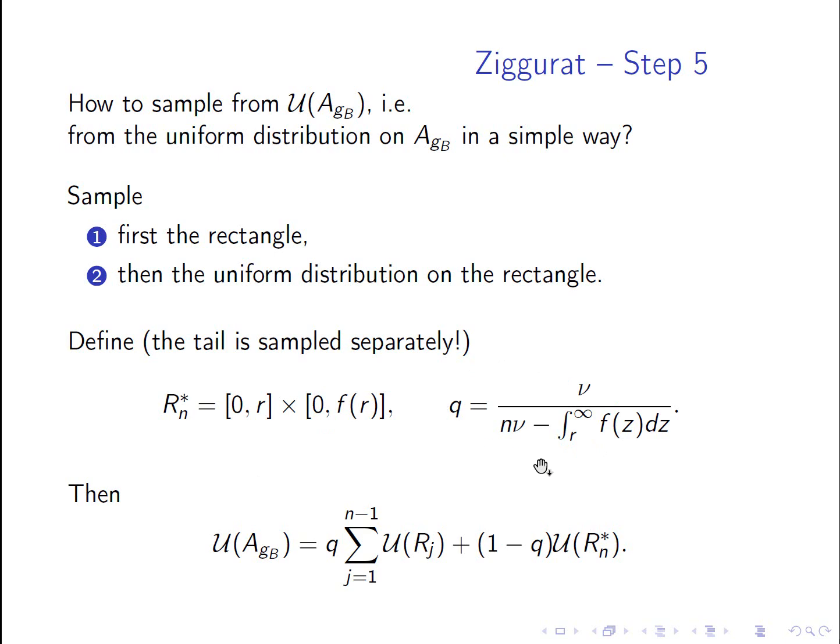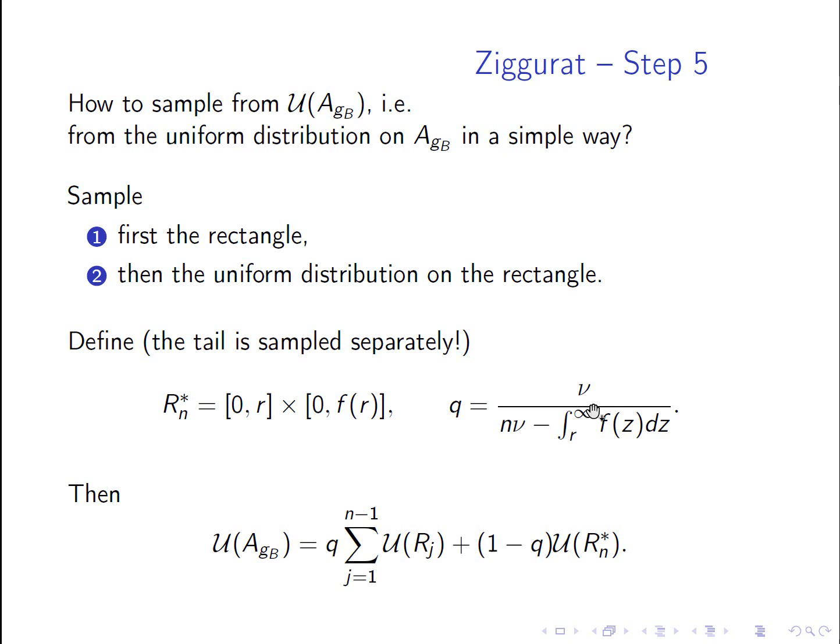And then we need this probability Q here, which is nu divided by n times nu minus the integral from R to infinity f(z) dz. So nu was the area of one rectangle, and n times nu was the area under the pseudo-density, but we are cutting off the tail.